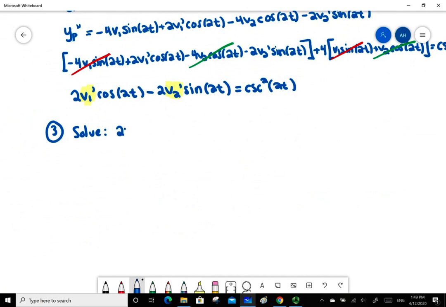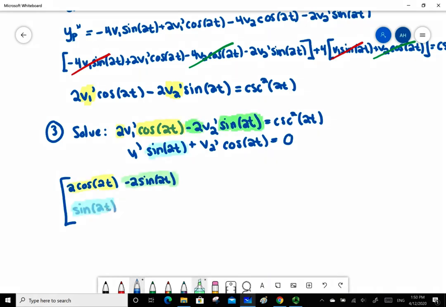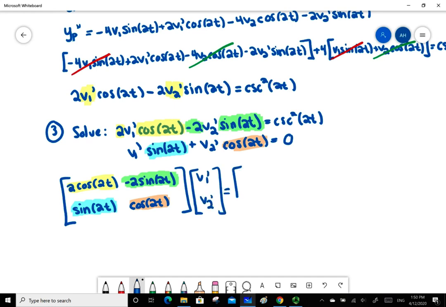The system we need to solve is 2v1' cos(2t) - 2v2' sin(2t) = csc²(2t), and v1' sin(2t) + v2' cos(2t) = 0, which we can represent with a matrix equation: the matrix with rows (2 cos 2t, -2 sin 2t) and (sin 2t, cos 2t), times (v1', v2'), equals (csc² 2t, 0).